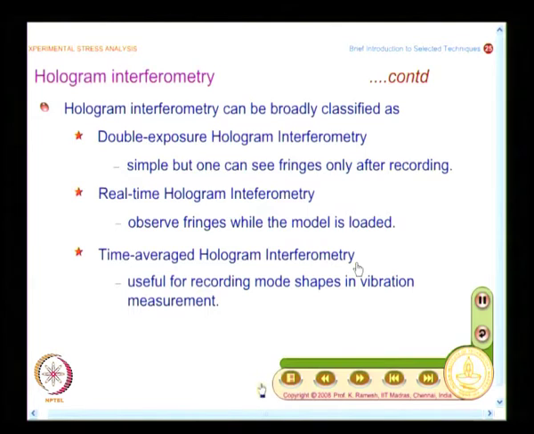And here you get Bessel fringes. So, hologram interferometry can be broadly classified into 3 categories: double exposure, real time, and time averaged hologram interferometry.